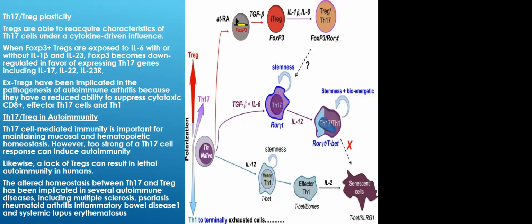But if you have too much interleukin 17 and interleukin 6, it is possible that it will push the whole thing from Treg into Th17, and they become an ex-Treg, right? Acting like Th17. Ex-police acting like a criminal, attacking and destroying the body.